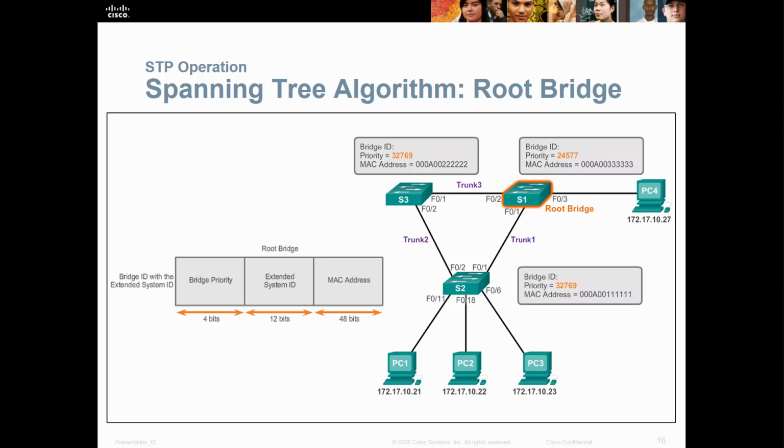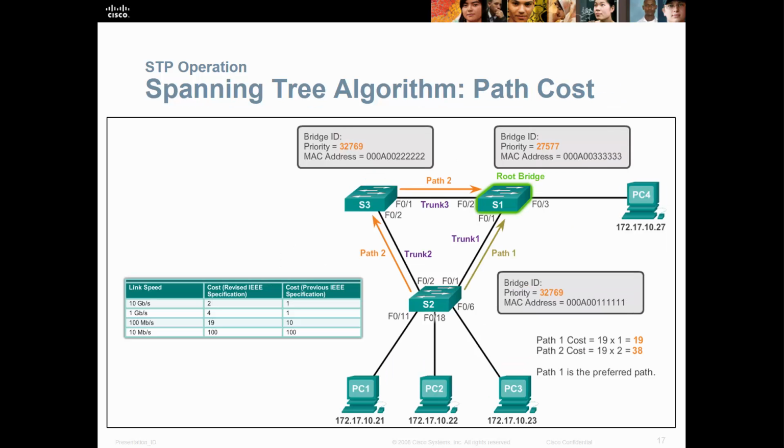So the bridge ID with the extended system ID would be the bridge priority, the extended system ID if there is one, and the MAC address. Again, here the election will take place. We will have switch 1, with the lowest priority, become the root bridge.